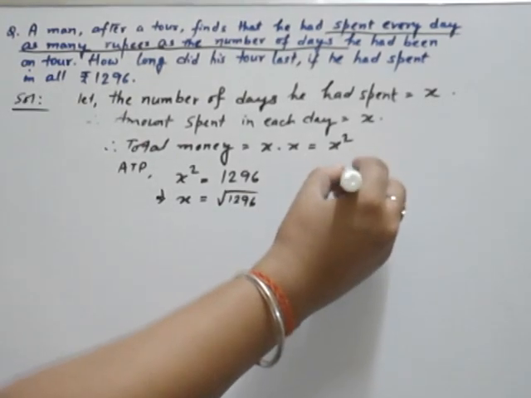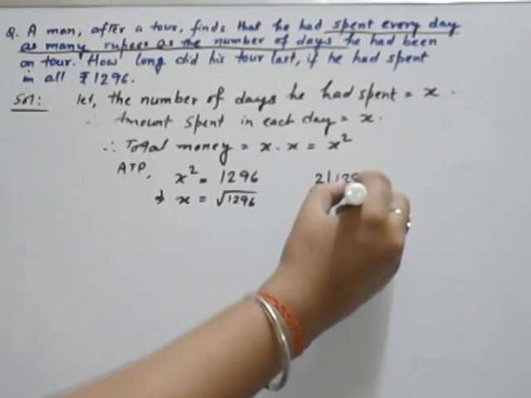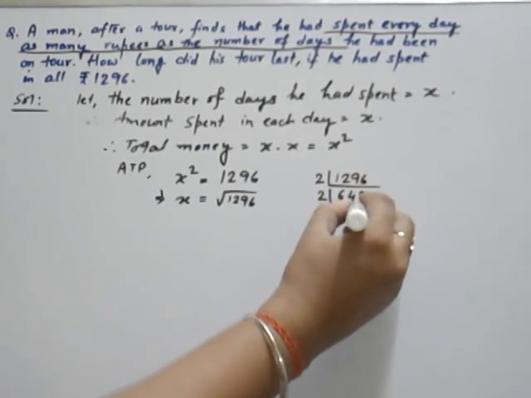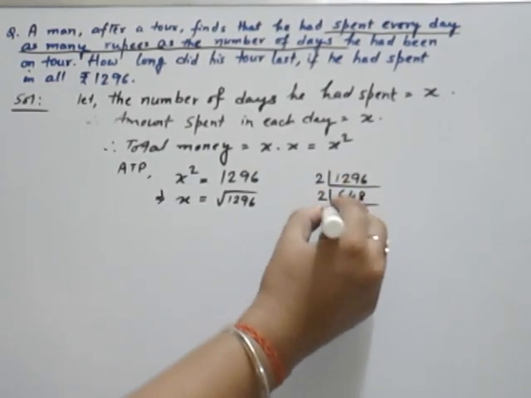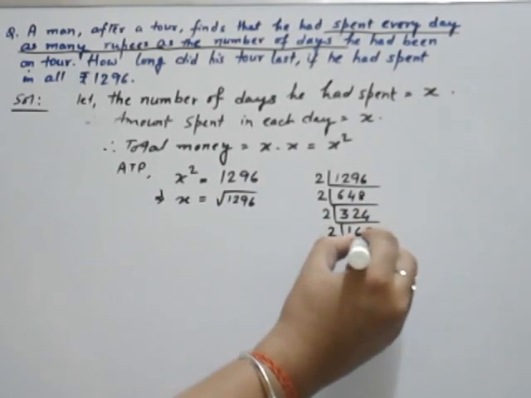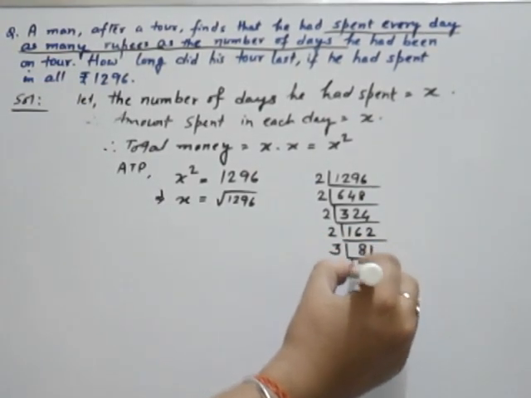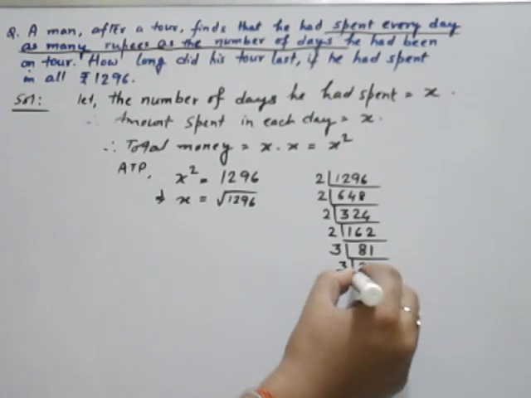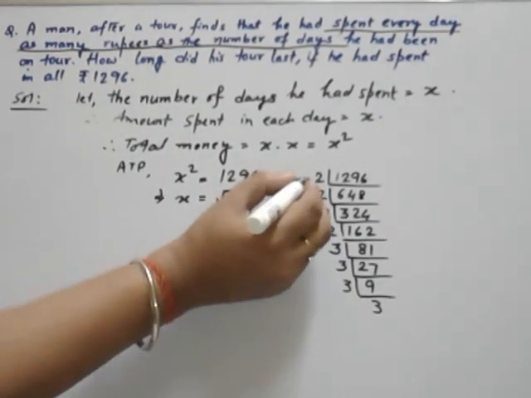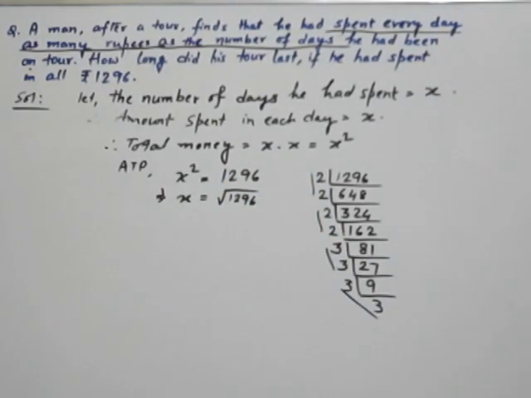So 1296, so this one pair, another pair, another pair.